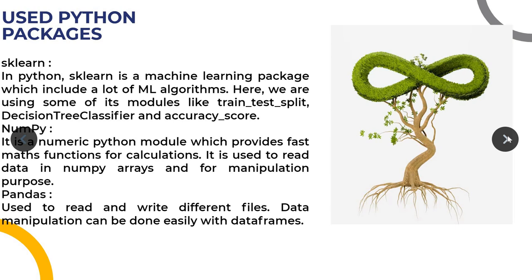It is a numeric Python module which provides fast maths functions for calculations. It is used to read data in NumPy arrays and for manipulation purposes. Pandas. Used to read and write different files. Data manipulation can be done easily with data frames.